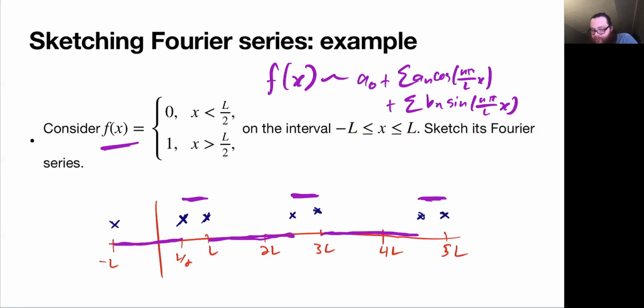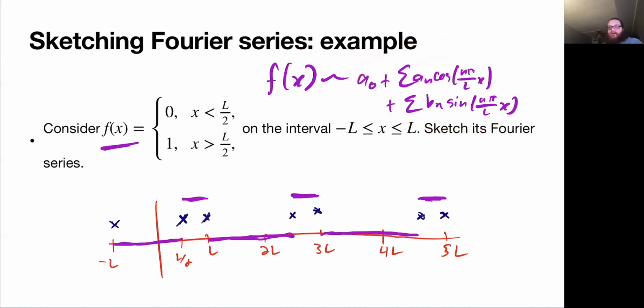At x equals L over 2, the value of this series is 1/2. Strictly between L over 2 and L, the value of the series is 1. And then finally, at x equals L, the value of the series is 1/2.